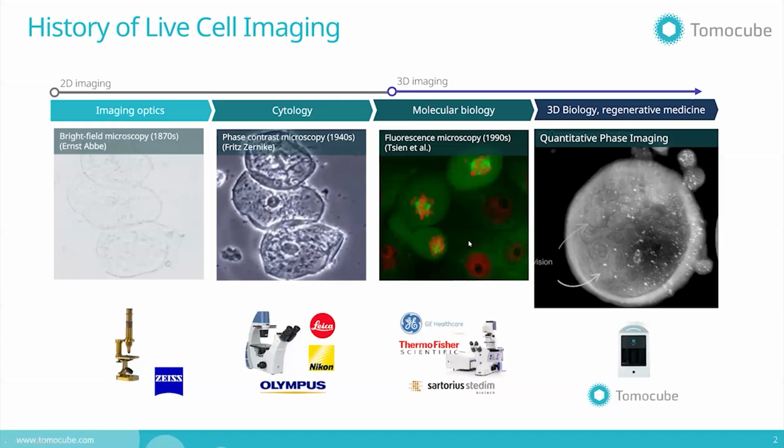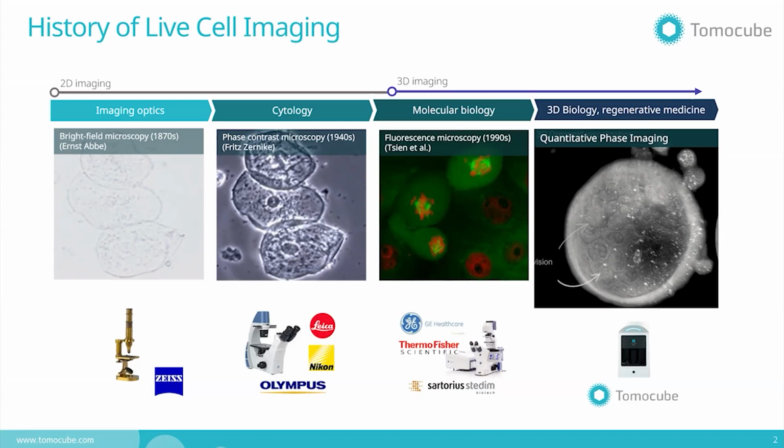And the question is why we are doing this, why we are developing this HT system. Currently, the driving force for molecular cell biologists is the use of fluorescent protein, which is good for molecular specificity.